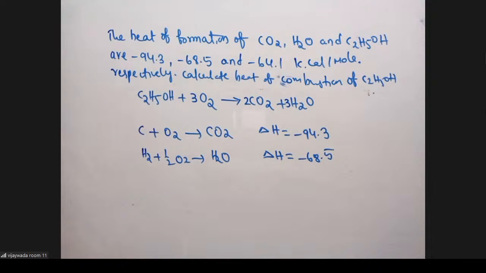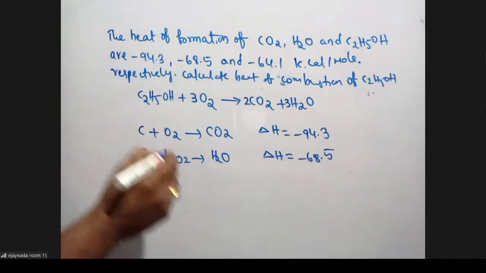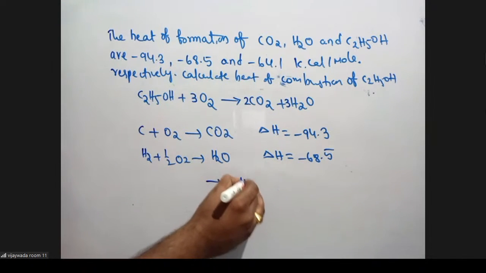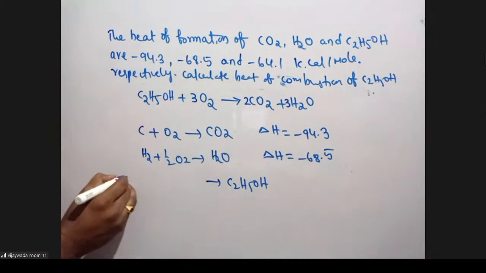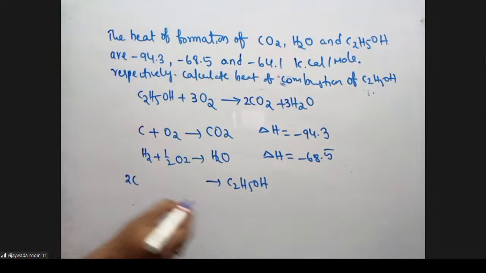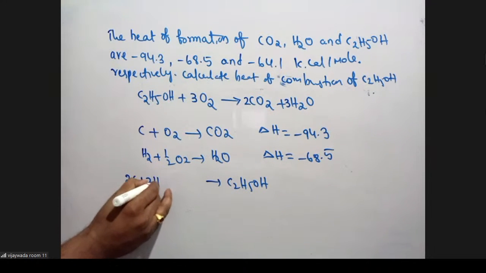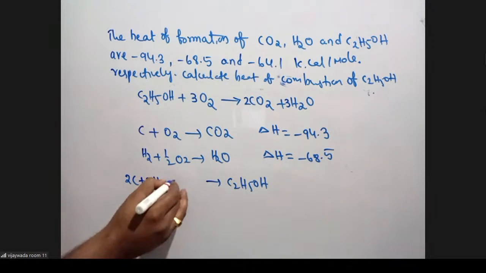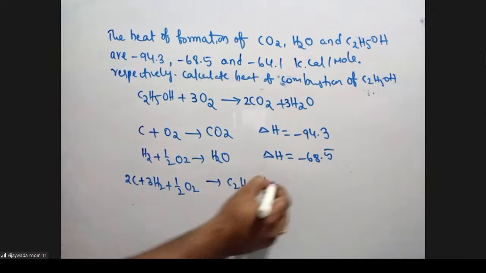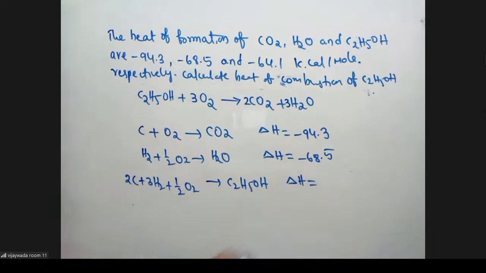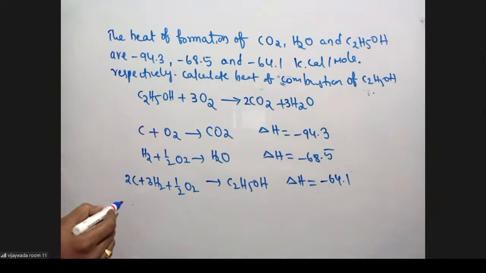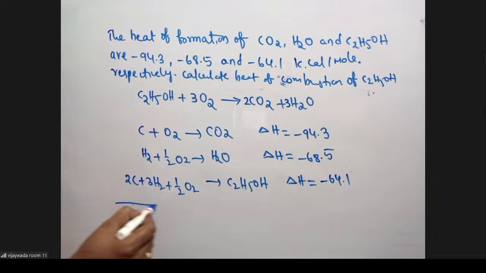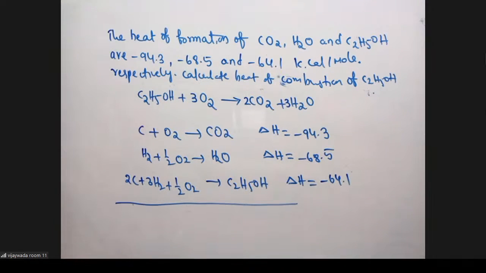Heat of formation of ethyl alcohol, formula C2H5OH: how many carbons are needed? 2C. How many hydrogens? 3H2. How many oxygens? Only one oxygen, 1/2 O2. Delta H for this is minus 64.1.